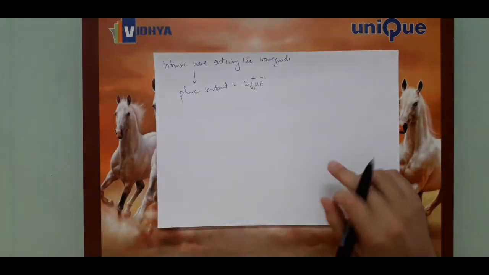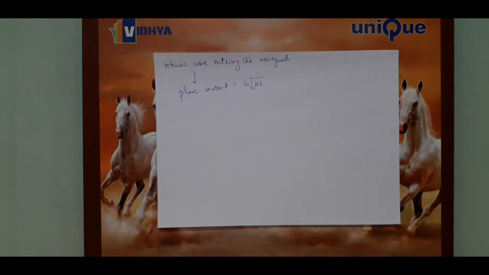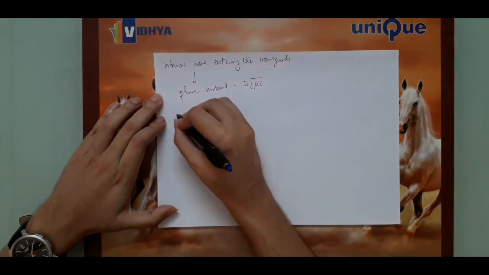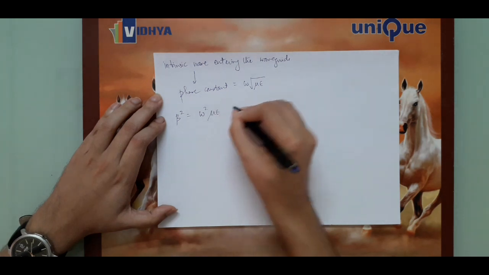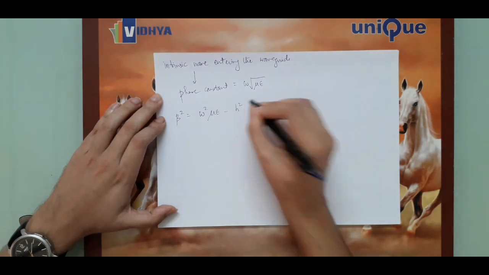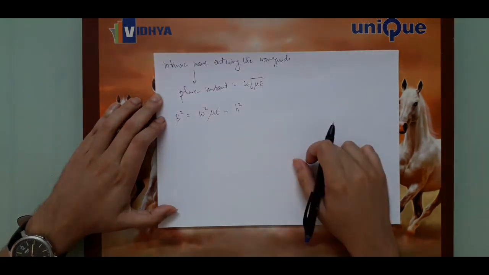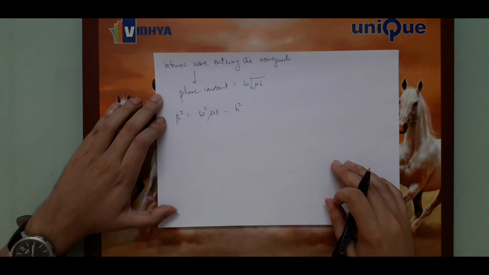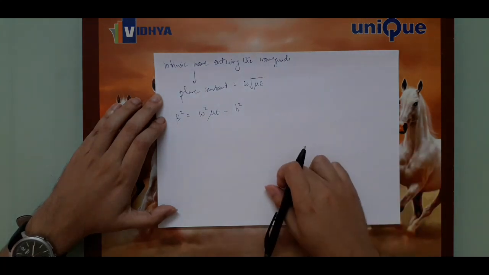That may come as a result of multiple reflections inside the waveguide. So we had proved a relation in the previous class, that beta square is omega square mu epsilon minus h square, where omega under root mu epsilon is the phase constant of the intrinsic wave entering the waveguide, unbounded initially, or the phase constant of the wave by itself without considering any boundary walls.